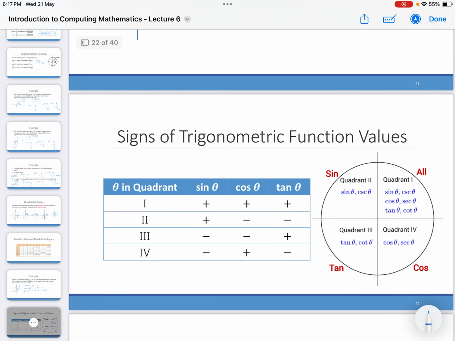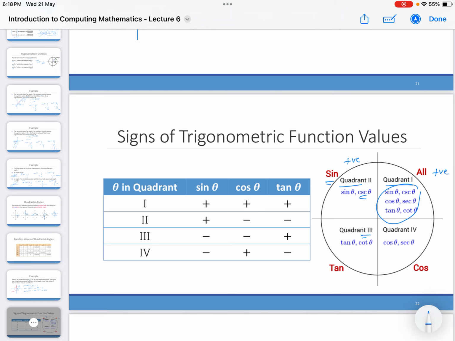Okay, now we want to look at the signs of trigonometric functions. Before this, I introduced quadrants 1, 2, 3, 4. For each quadrant, let's say quadrant 1, all functions are positive. For quadrant 2, only sine is positive, and the reciprocal function of sine, which is cosecant theta.